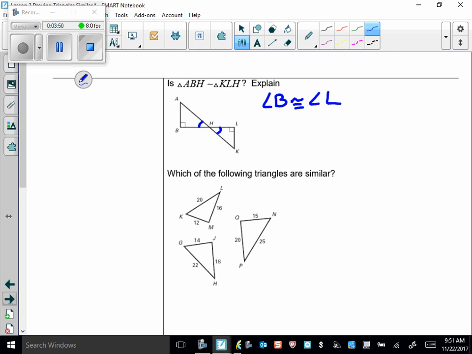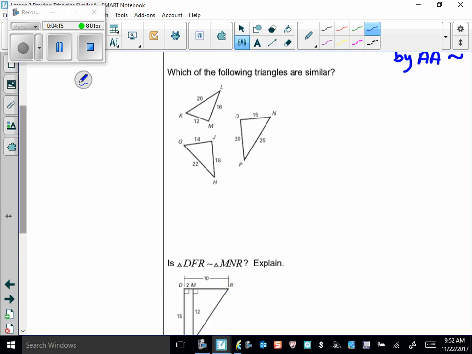So by the angle-angle similarity theorem or postulate, we do know that yes, triangle ABH is similar to triangle KLH by angle-angle similarity. Easy, right?